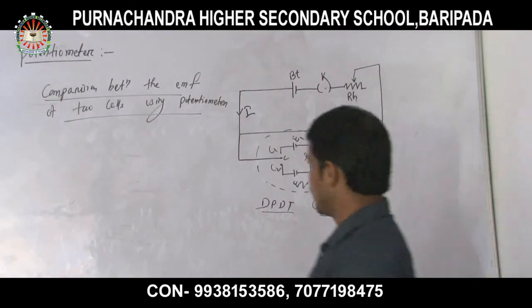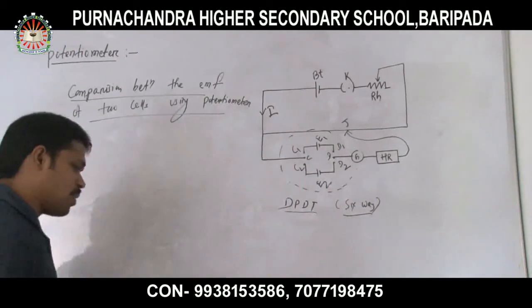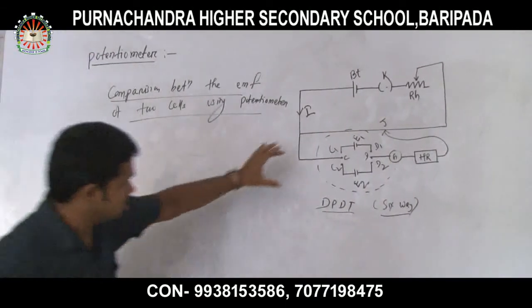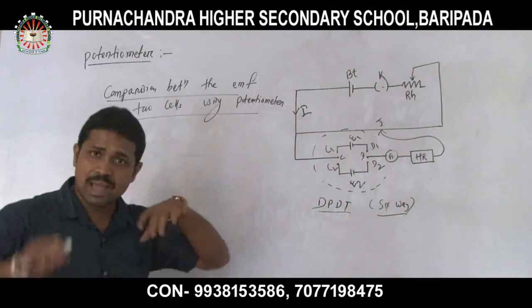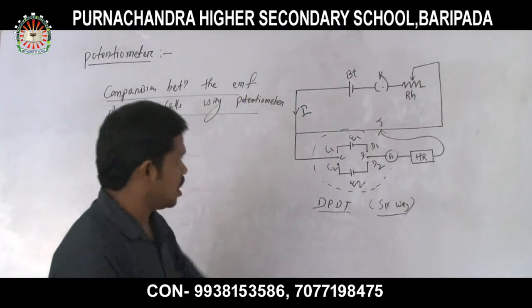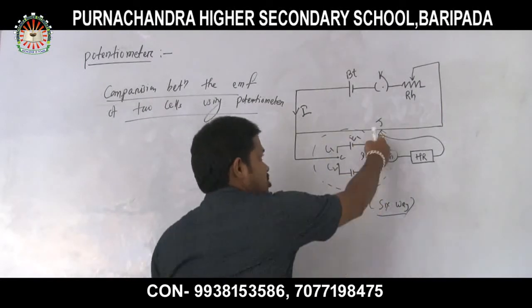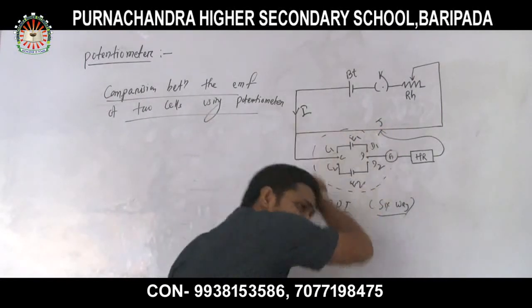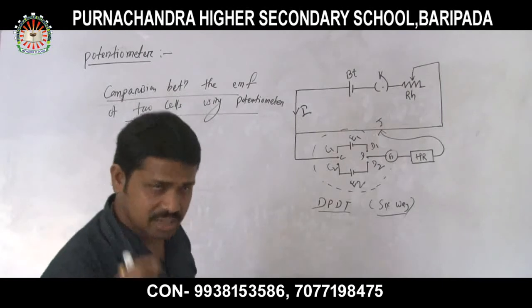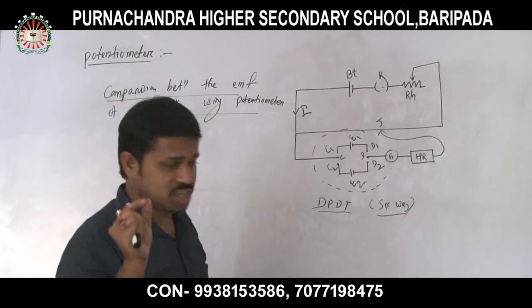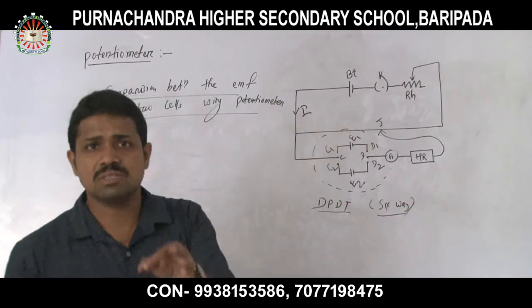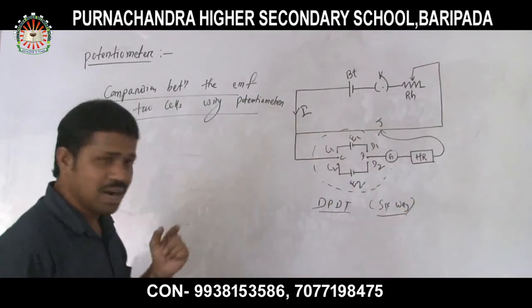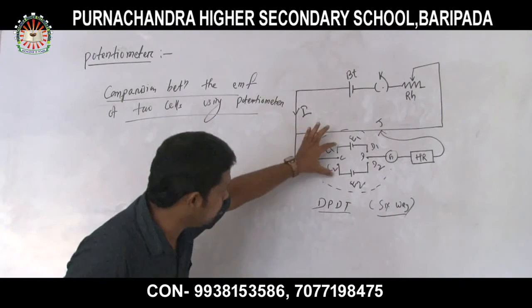So what happens here? What is our aim? Our aim is to compare between these two EMFs, E1 and E2. The process is the same: we adjust this jockey J at such a point that the current in the galvanometer becomes 0. But there is a little deviation because we have two EMFs.